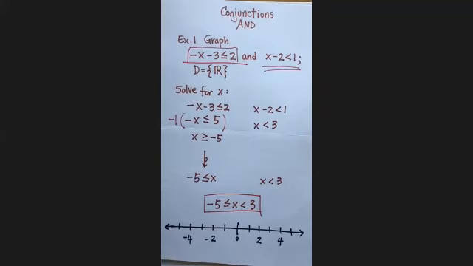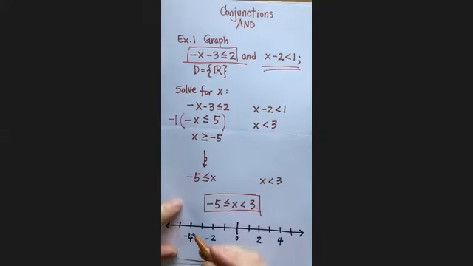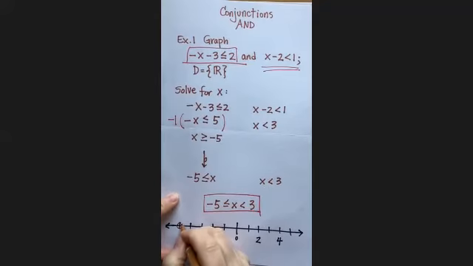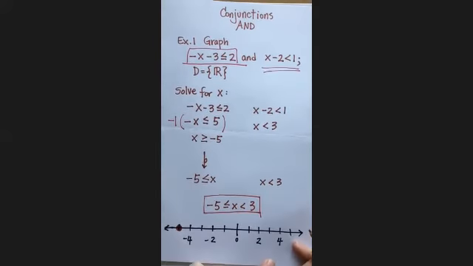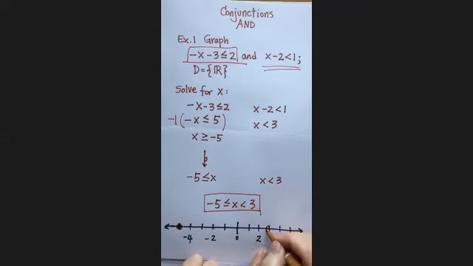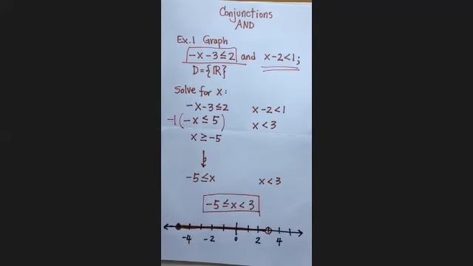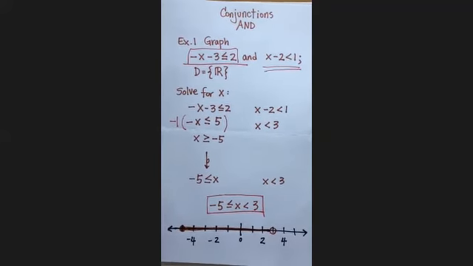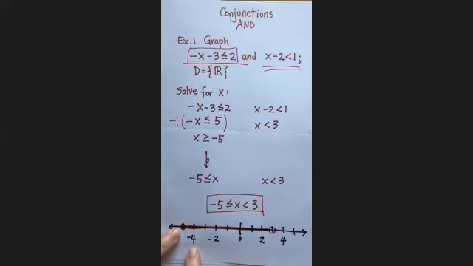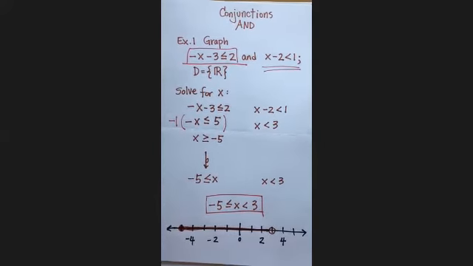It's time to graph it because that's what the problem asked us to do. -5 less than or equal to, so that's a closed circle, and x less than 3, that's an open circle. And I can just make the whole line in between solid to show that conjunction. x is greater than or equal to -5 and x is less than 3.